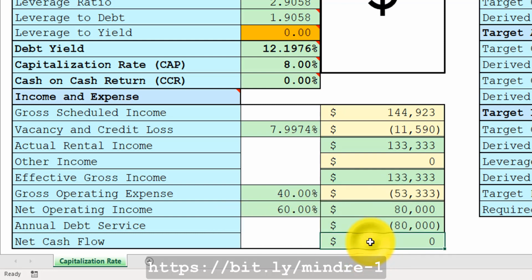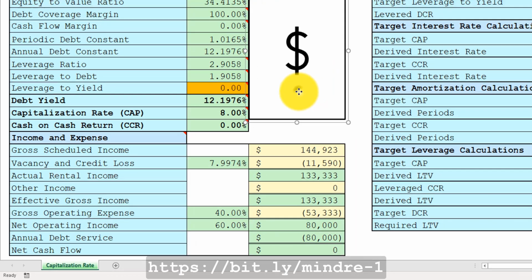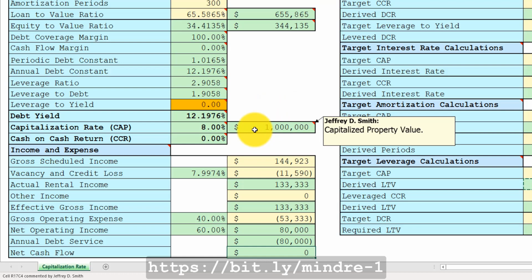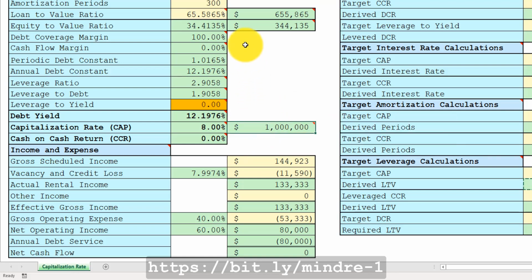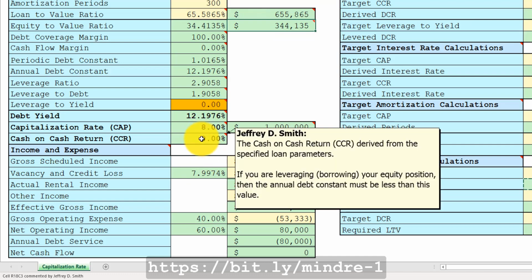Net cash flow is 0. 8% cap rate, $80,000 net operating income. We can reveal the capitalized property values, $1 million. Splitting it along these percentages, the borrower would have to invest $344,000 instead of $250,000 for zero return.